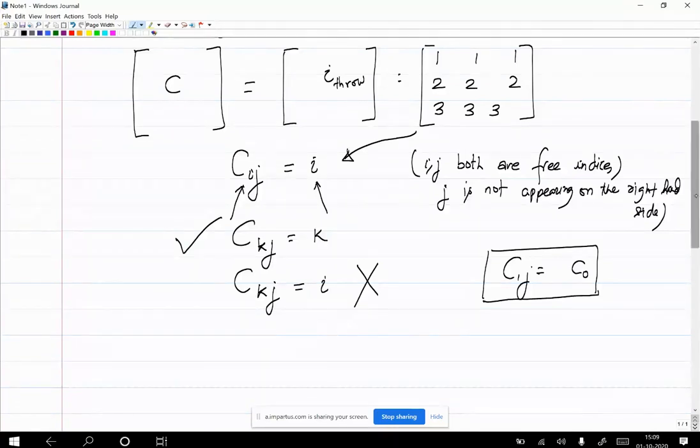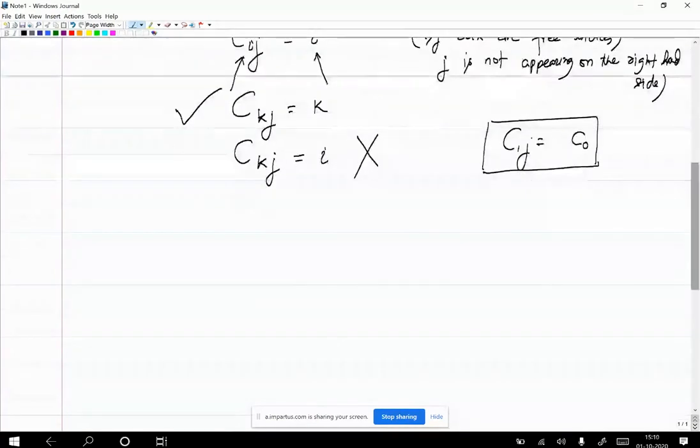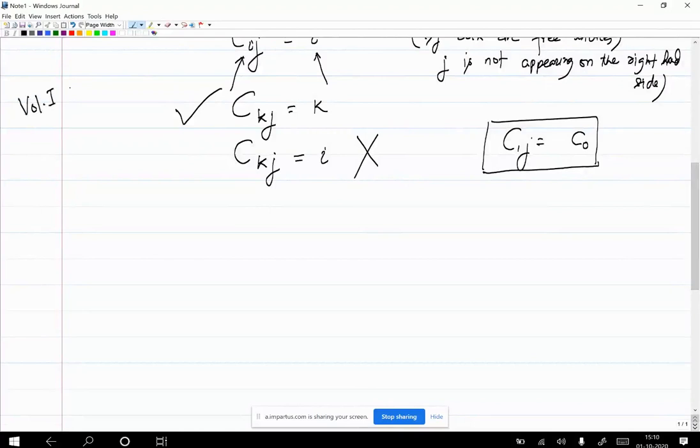Is there any query from the last lecture? If not, then I will proceed. Please ask me. By the way, whatever we are doing now, you can also read them from volume 1 of Ave Ratne, in chapter 1.